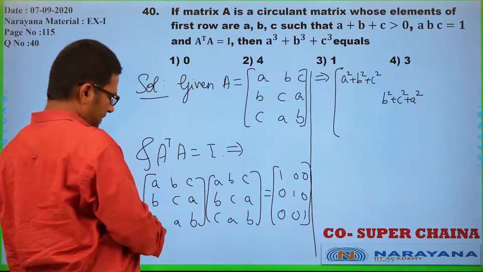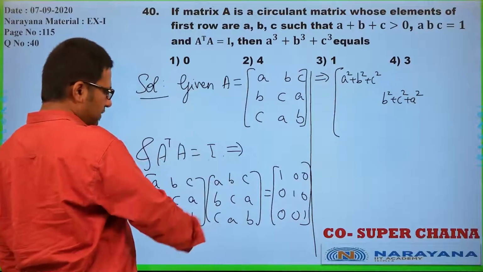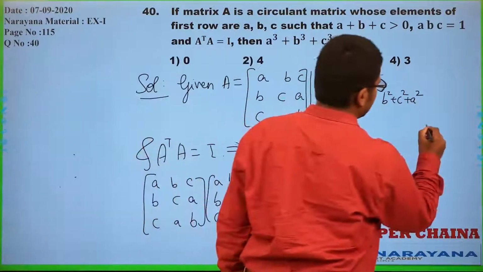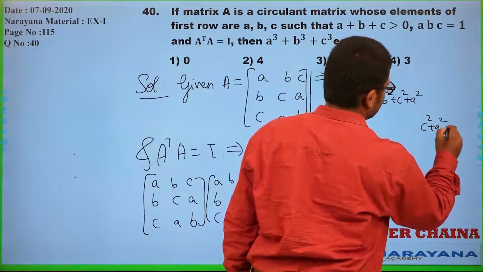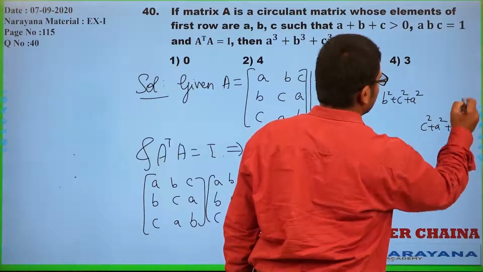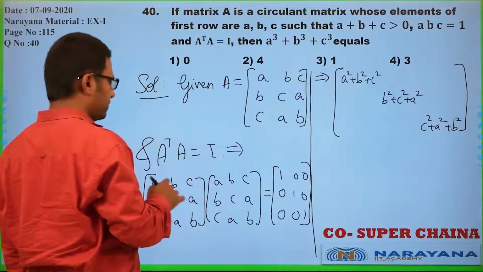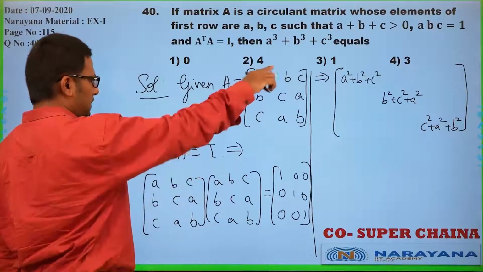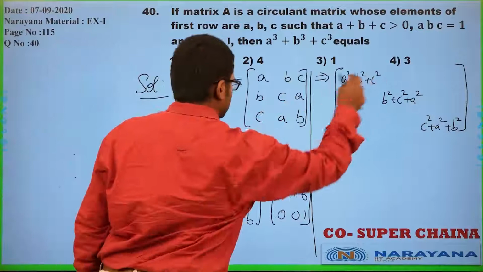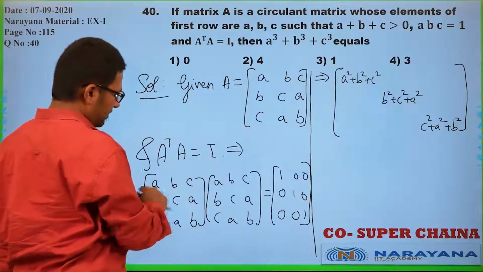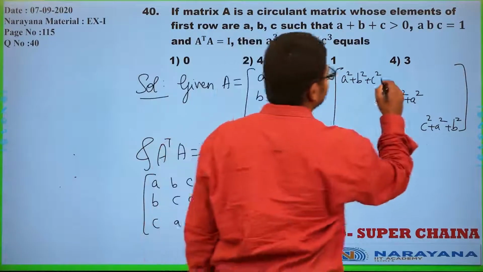And the last diagonal element, third row, third column: c² + a² + b². Then we have the off-diagonal elements. First row, second column: ab + bc + ca.